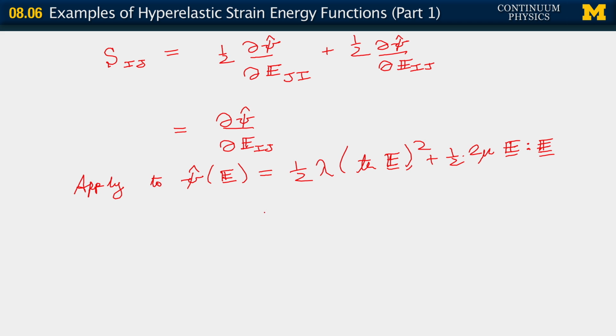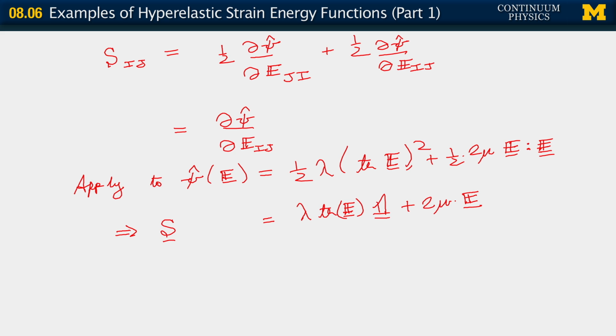What you will see is that you get, so what this implies then is that S equals lambda trace E. Okay, it's a scalar, isotropic tensor plus 2 mu E. Okay, so we have this nice simple result for the second Piola-Kirchhoff stress.